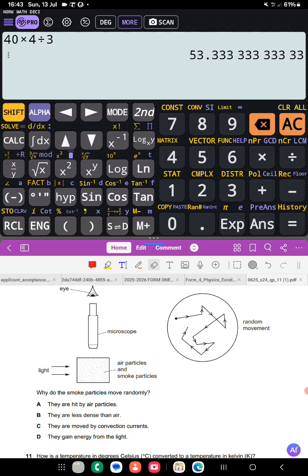They are hit by air particles. They are less dense than air. They are moved by convection currents. They gain kinetic energy. So usually the smoke is made of solid particles. You need to know that it's not a gas.